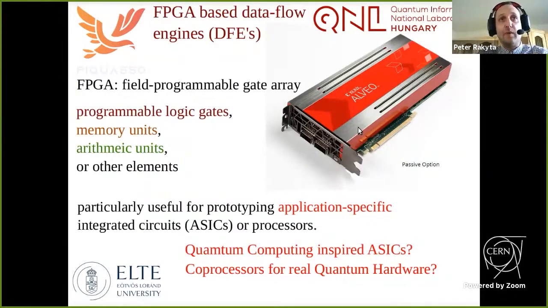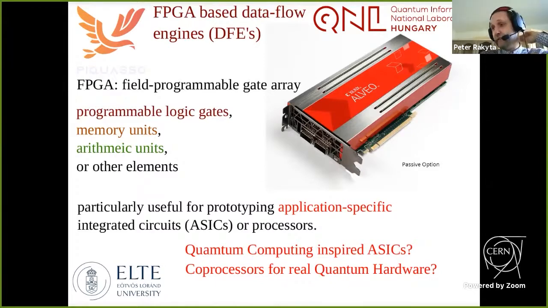Basically, we are talking about programmable chips consisting of many programmable logic gates, memory units for arithmetic operation, and so on. The purpose of such hardware is prototyping application-specific integrated circuits.